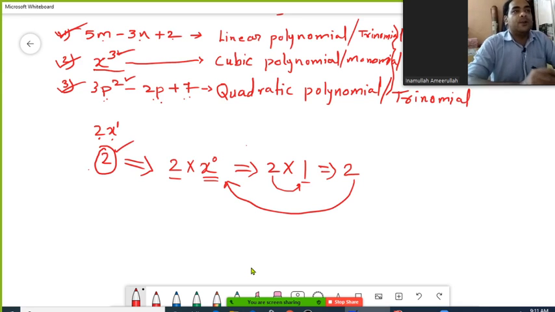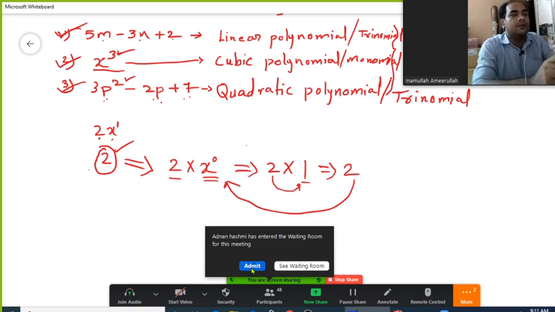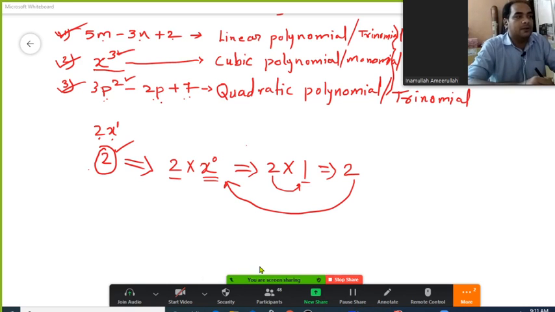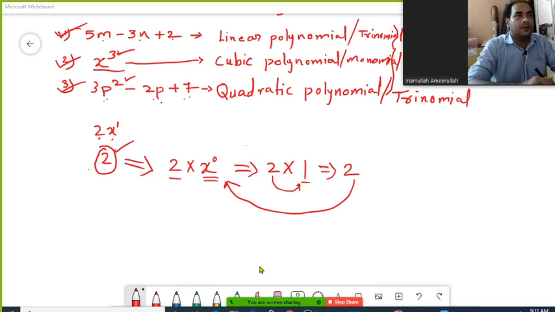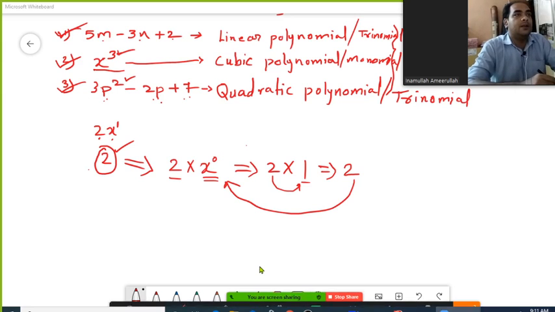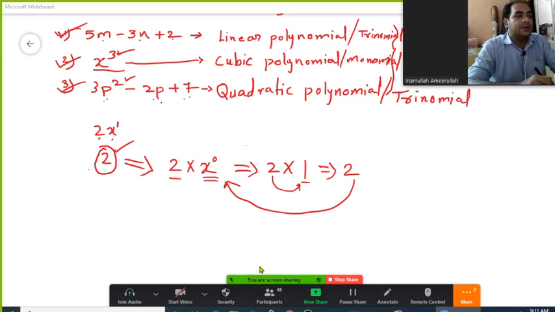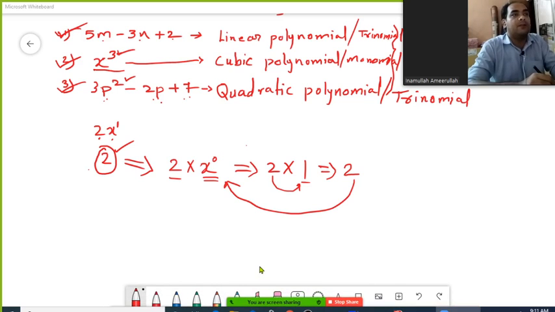Why? Because this 2 is actually a combination of number as well as variable. But that variable is not visible because the power of the variable is 0 and the value of any variable raised to 0 is 1. Hope it is clear to everybody that 2 is a polynomial and there is a variable, but that variable is not visible just because the power of that variable is 0.